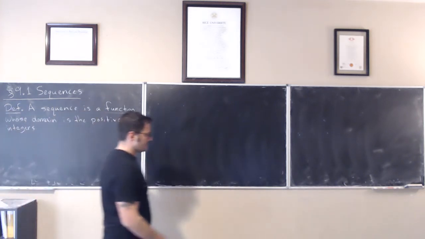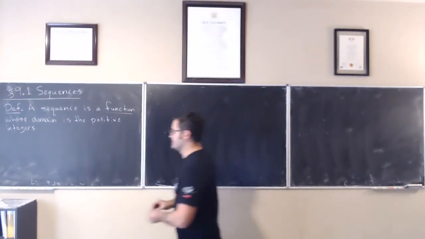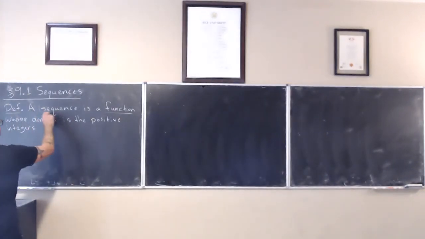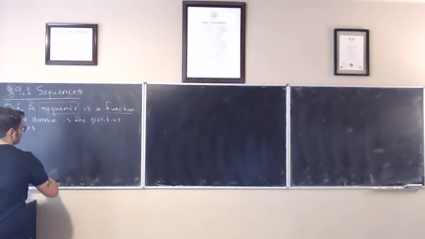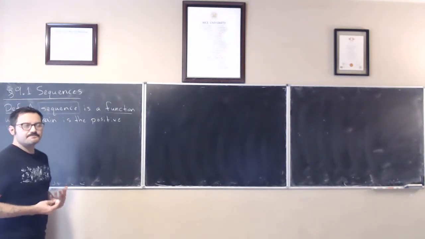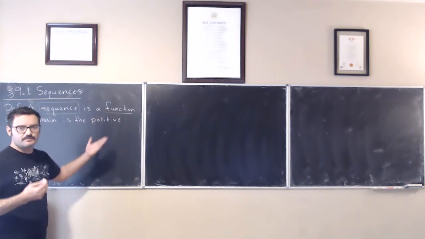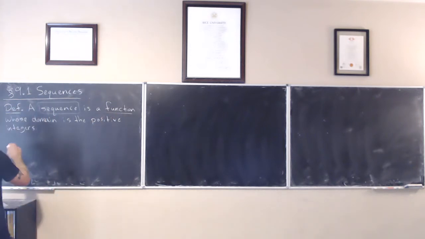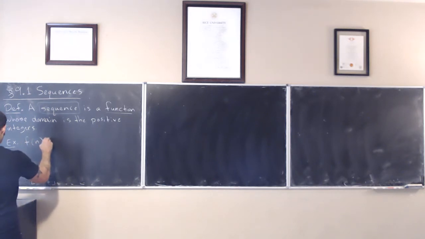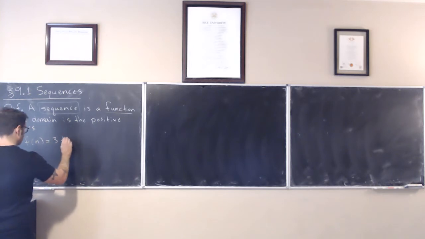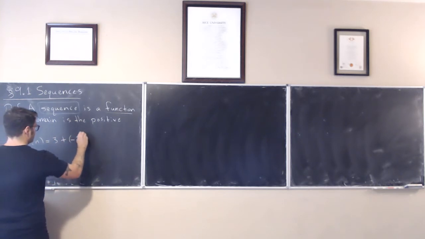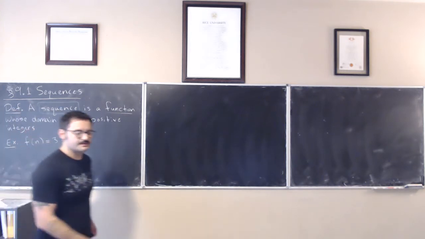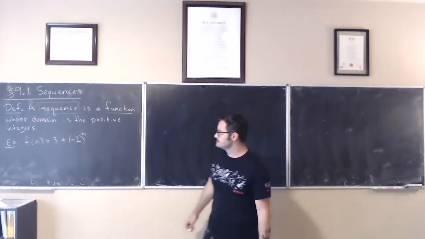And I think that a lot of students, when they first encounter sequences, are thrown off by the fact that they don't realize that they're just really simple functions, right? So, as an example, you could have a function that looks like this, where n is just some positive integer, right?